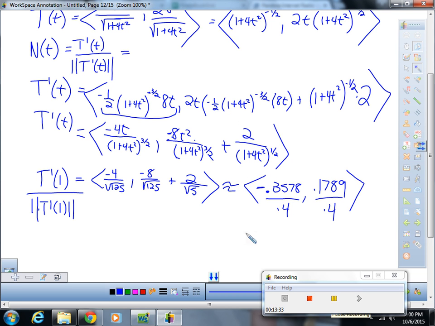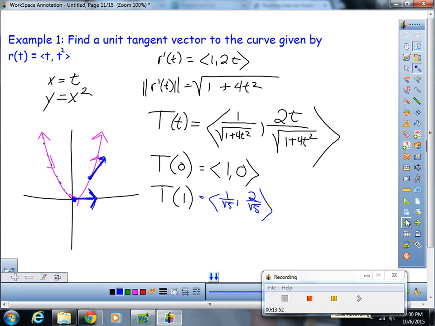And now I can kind of graph it. So if I go back to this, we're going to go left twice as far as we're going to go up. Well, good. That kind of makes sense. Remember how here I said I went up twice as fast as I'm going to go left? Well, good. Now I'm going to go left twice as far as I go up. And what do you notice about those two unit vectors? They are orthogonal.